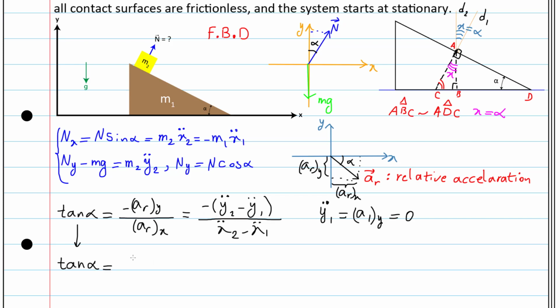So tangent alpha equals minus y double dot 2 divided by x double dot 2 minus x double dot 1. We name these relationships 1, 2, and 3.